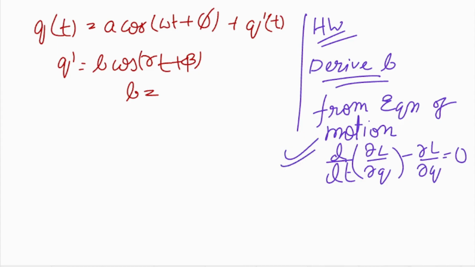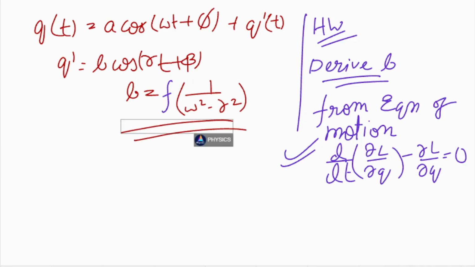Okay, do it at your home. This is a very interesting thing and I hope we will get some interest. So the b will come up as this. This is what you will get, and you must get this. If you are not getting this, then there is something really wrong with what you have got.